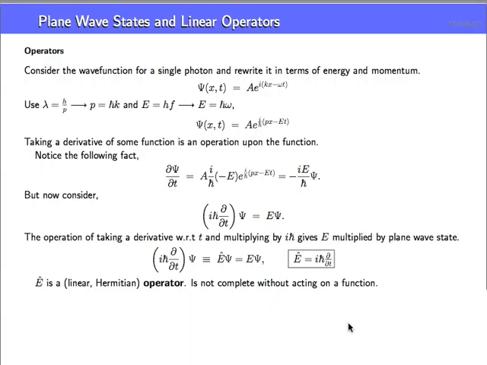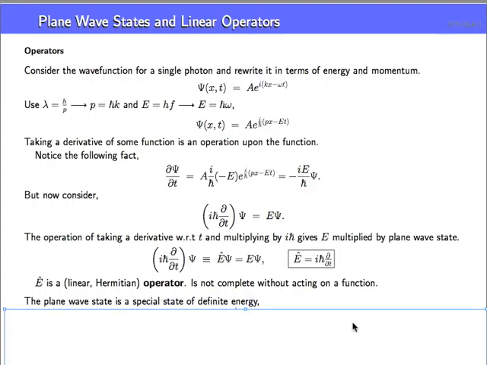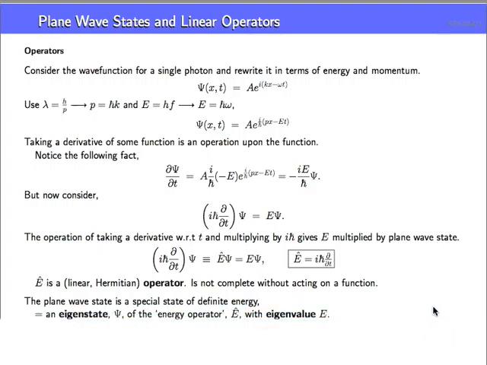The way we say this now is that the plane wave state is a special state that has a definite energy. We said that above because E in this particular original function here is a constant. And the way we say this now in the new mathematics here is that the plane wave state, psi, is an eigenstate, or sometimes called an eigenfunction, of the energy operator, or E operator, E with a caret on top, with eigenvalue E. So E is a scalar number, that's the energy of the wave function.